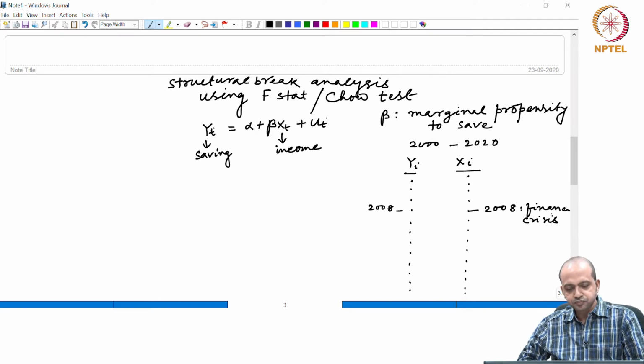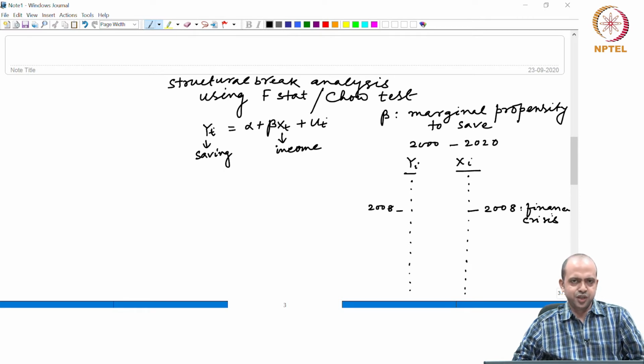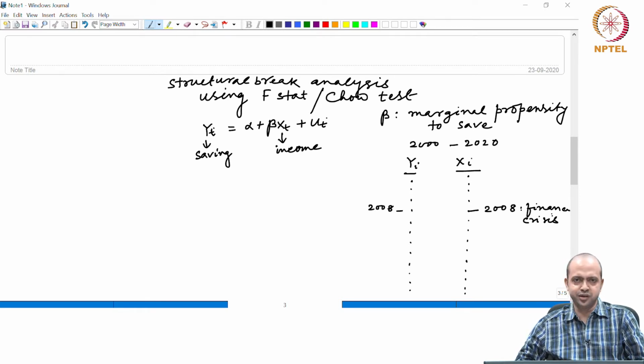So when I am estimating this relationship using a single equation for the entire period, my implicit assumption is that there is no structural break. That means pre and post financial crisis, there is no significant difference in individuals' saving behavior, but that is a very tall assumption to make.